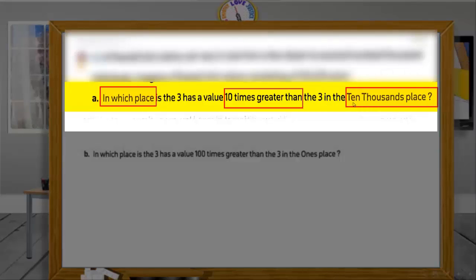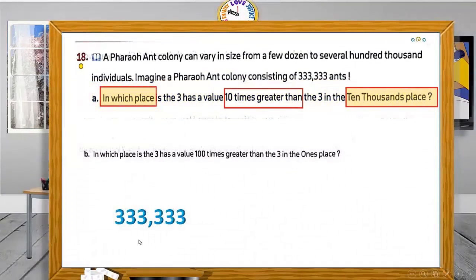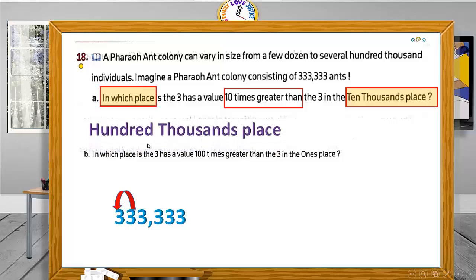Start from this place, the 10,000s place. Look here, if I have a number like this, as he said, 333,333. Where is the 10,000s place? We have here ones, tens, hundreds, thousands, 10,000s here. Because he said 10 times greater, you should move one place only to the left side. Which place do you stand in? What is the name of this place? The name of this place, 100,000. So your answer will be the 100,000s place.